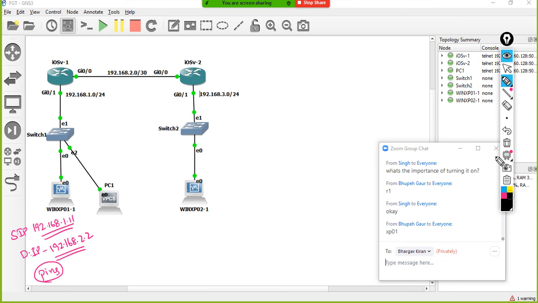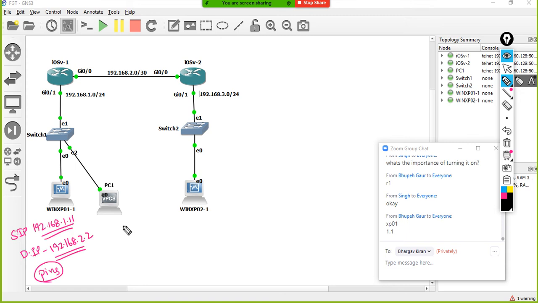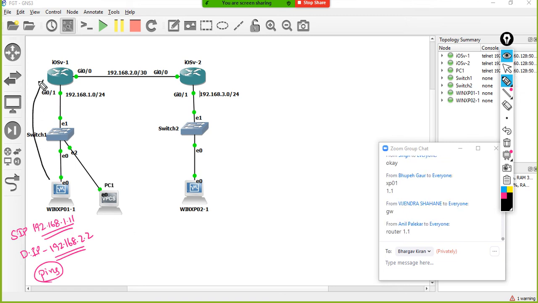Where will it go first? Help me out. It will go to the gateway. That's the first one. Then after that, the second one. Help me out. See, everybody is tracking there. That's what I'm trying to ask you.